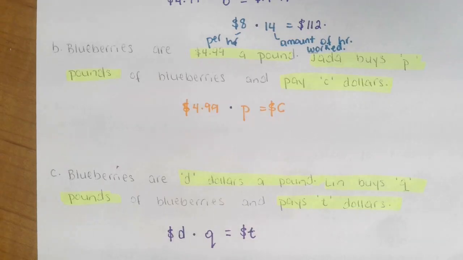You're literally reading each scenario and highlighting. If you don't have a highlighter, you underline what the key points are that they gave us. Then you grab those key points and put them in equation form. Okay.